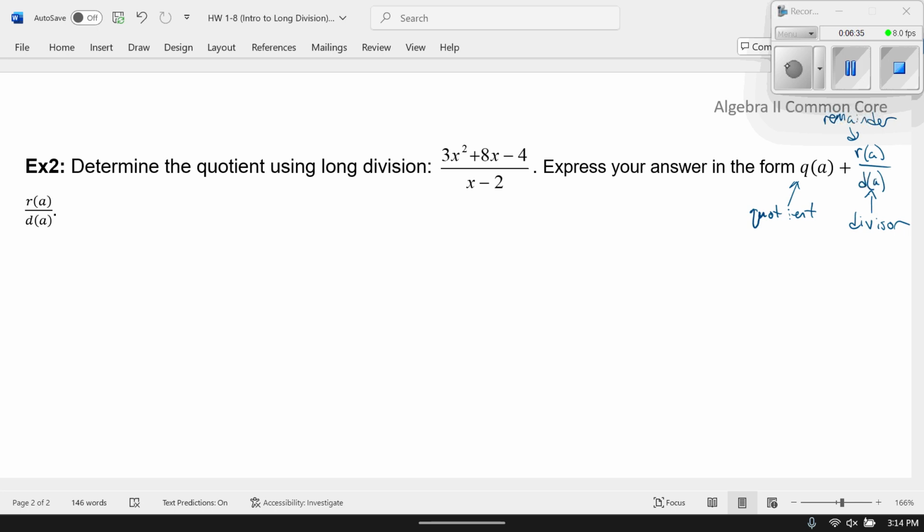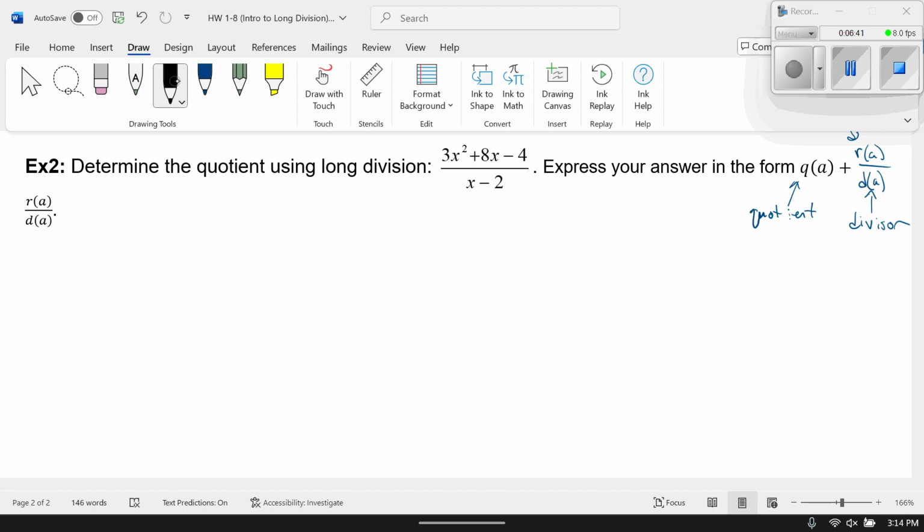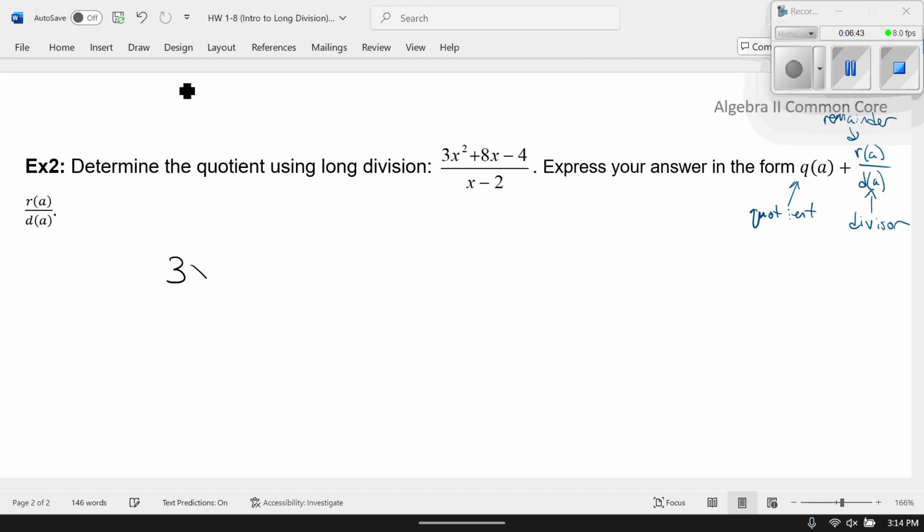So we're going to start it up using long division. I'm going to actually change my pen color. We have 3x squared plus 8x minus 4. We're dividing by the divisor, which is x minus 2.